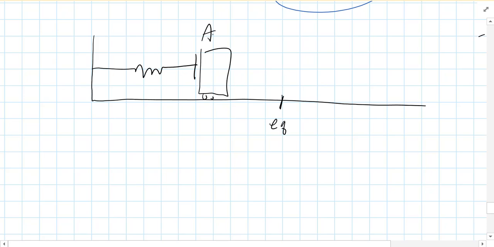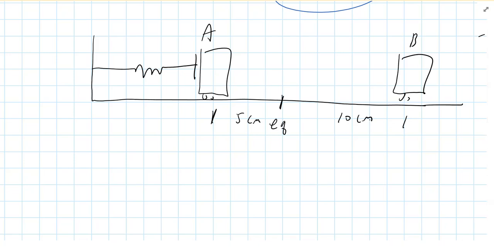We'll call this position A, and let's say this is 5 centimeters from equilibrium. I'm holding the cart there, and then I drag the cart with the spring attached all the way over to here. We'll call that point B, and let's make this 10 centimeters from our equilibrium position. How much work was done on the spring and by the spring?